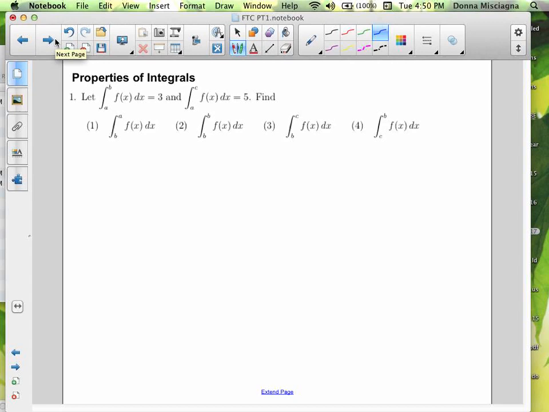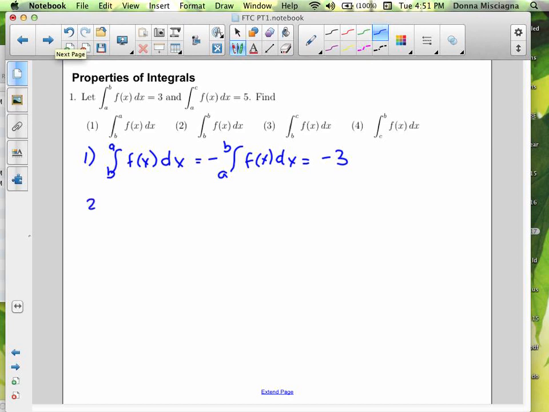So number 1 here, and I think this is in your notes, the integral of f of x dx from b to a is just the negative, and you should write this part in. It shows that you understand the properties rather than just getting lucky and guessing it. So that's going to be a negative 3.